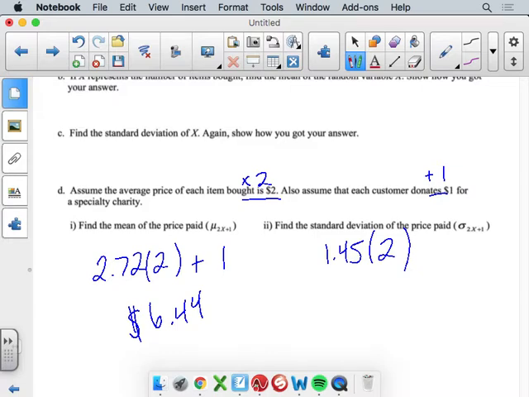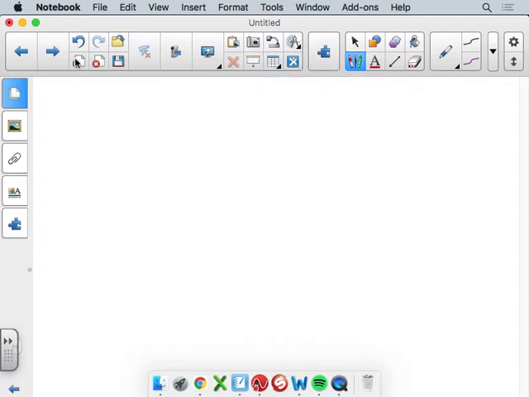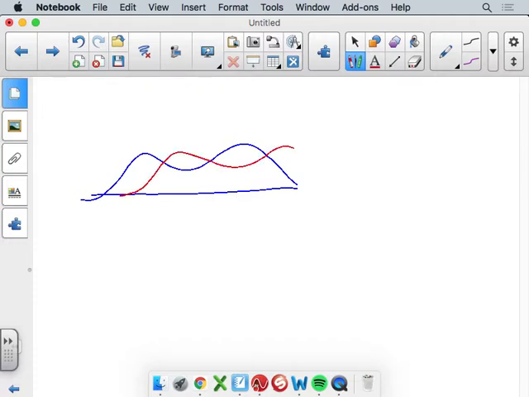But with standard deviation, it is never affected by plussing and minusing. So when you add or subtract to a distribution, let's say this is my distribution, and let's say I add $1 to everything, so now my distribution becomes like this.